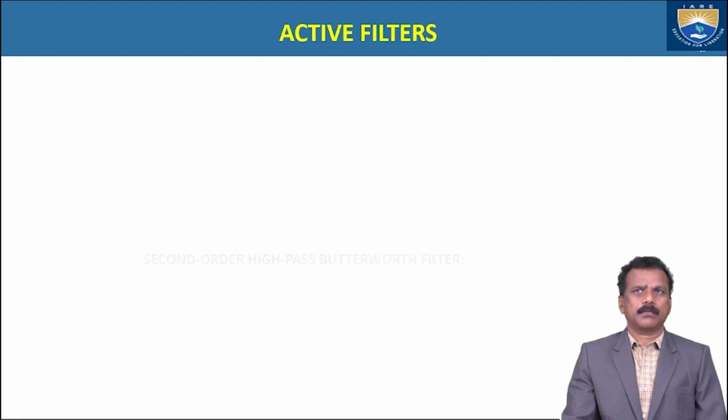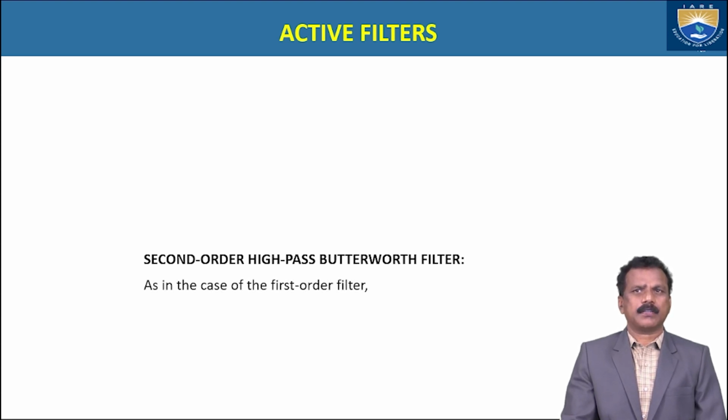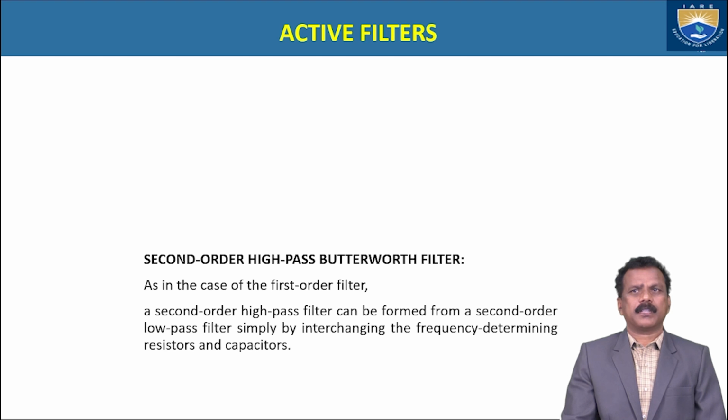Next, coming to the second order high pass Butterworth filter. As in the case of the first order filter, a second order high pass filter can be formed from a second order low pass filter simply by interchanging the frequency determining resistors and capacitors.